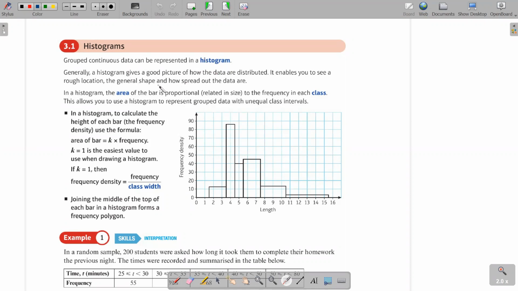Generally, a histogram gives a good picture of how the data are distributed. Just by looking at the histogram, you can see a rough location, the general shape, and how spread out the data are. Now, this is a really important thing.